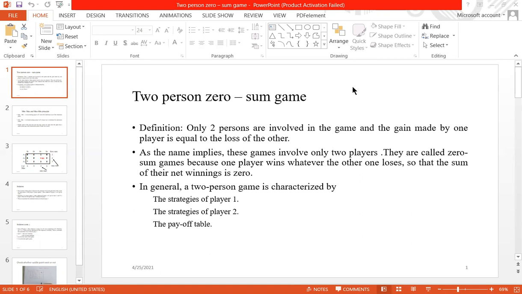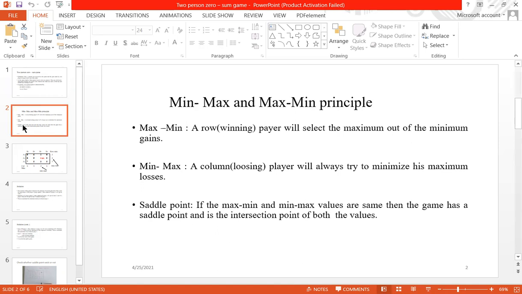Okay. So there are strategies of player 1, strategies of player 2, and a payoff table. Min-max and max-min principle. The A player tries to select the maximum out of the minimum gains.